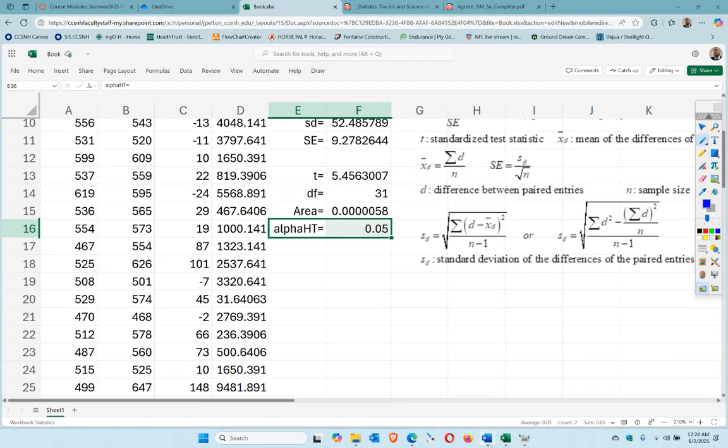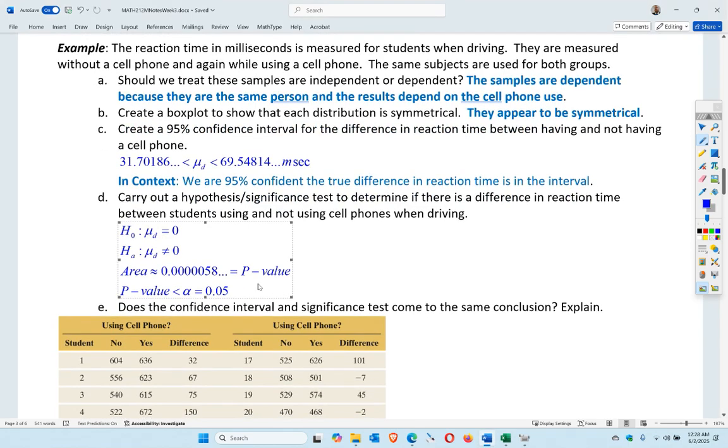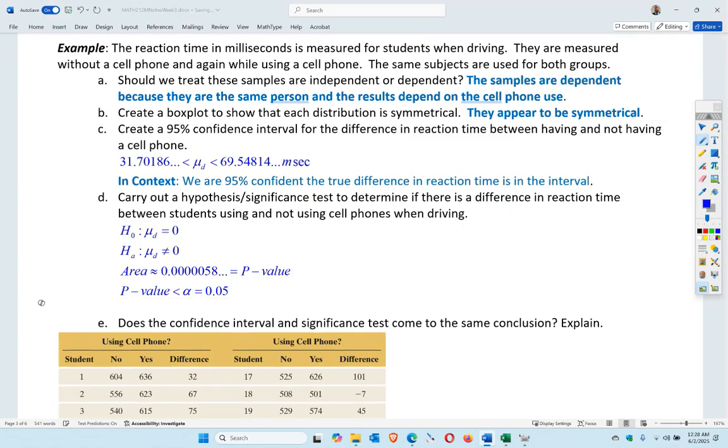Okay, so going back to my thing here, the p-value is less than alpha, which means we should reject the null hypothesis.